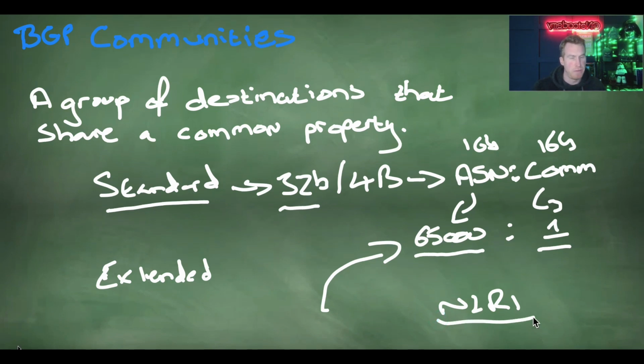So you could have 65000:1, and then right next to it 65000:2. There's no real limit on what you can do. You could have lots of community values associated to the same NLRI, but really at the end of the day it's allowing those receiving routers to receive those update messages, see there's a community value associated to that set of destinations, and then doing some kind of treatment to that update message based on those community values themselves.